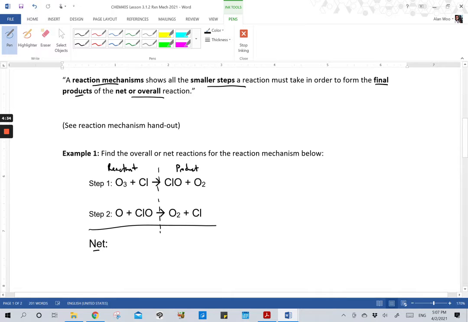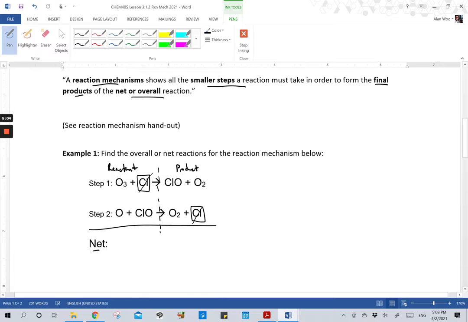For example, I have Cl on the reactant side, and here I have Cl on the product side. When you see two identical substances on opposing sides of each other, we can cancel them out. So the chlorine on the reactant side can be canceled with the chlorine on the product side. They're not included in our net reaction.